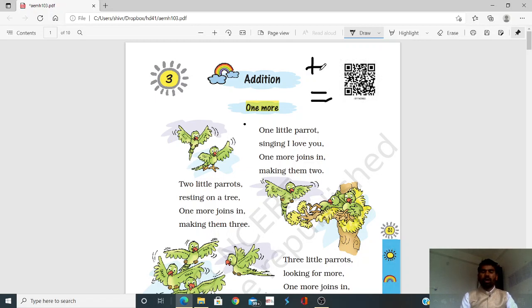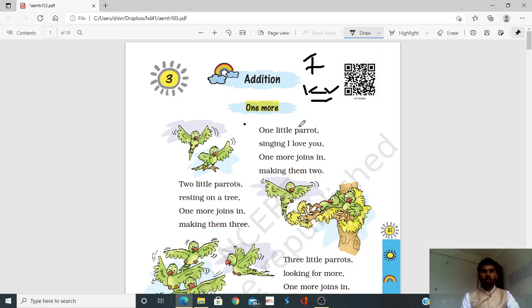Our aim is to understand these two symbols. The name of that symbol is plus and the name of this symbol is equal to.